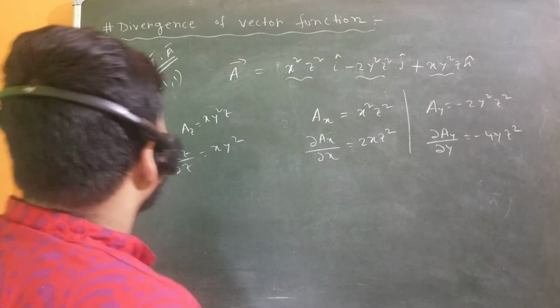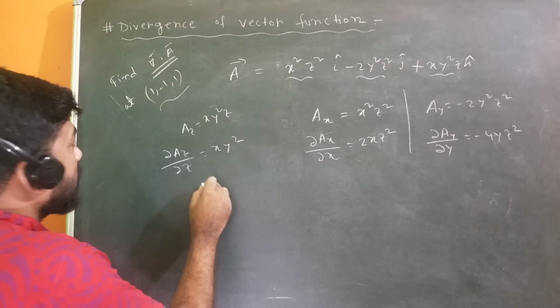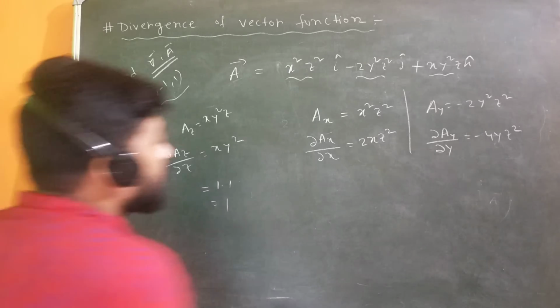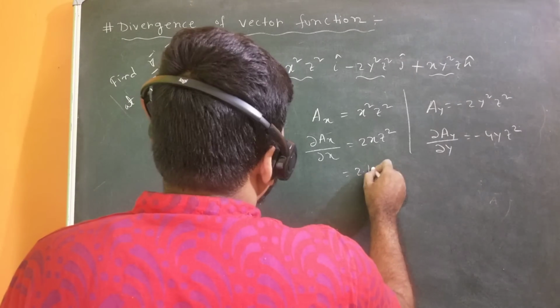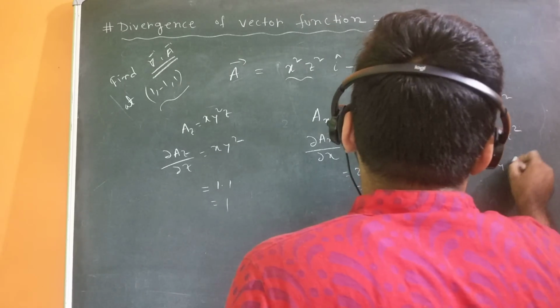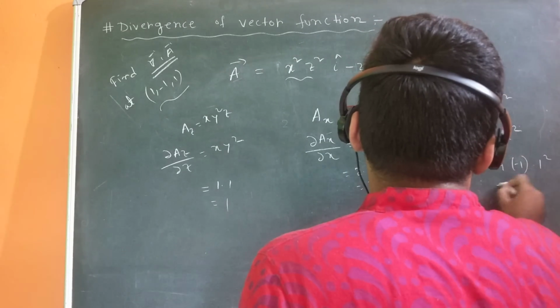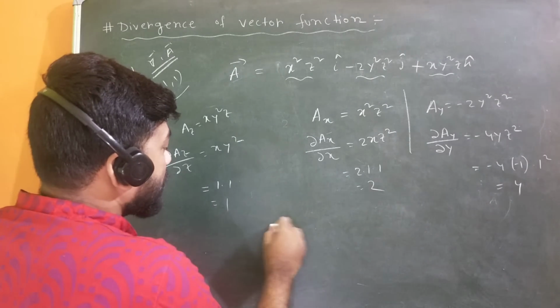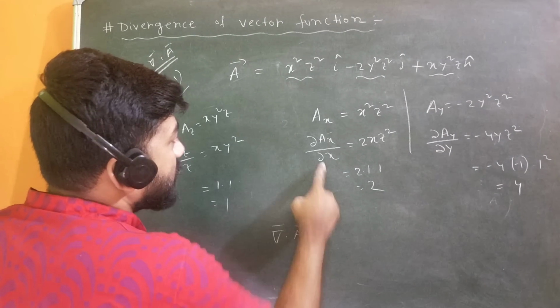Now if you put the point 1 comma minus 1 comma 1, you will get here xy square, that means 1 into 1, that is 1. You will get here 2 into 1 into 1, that means 2, and here minus 4 into minus 1 into 1 square, that will be plus 4. So finally divergence A is nothing but this plus this plus this.